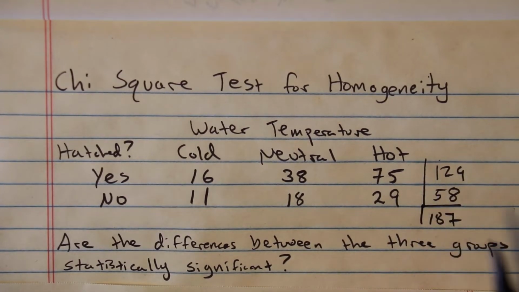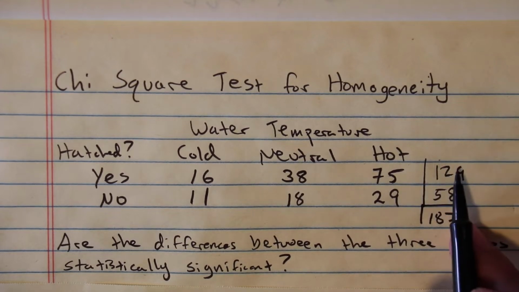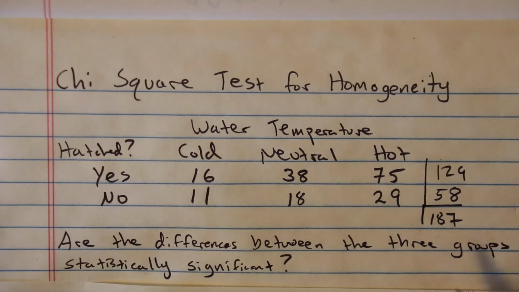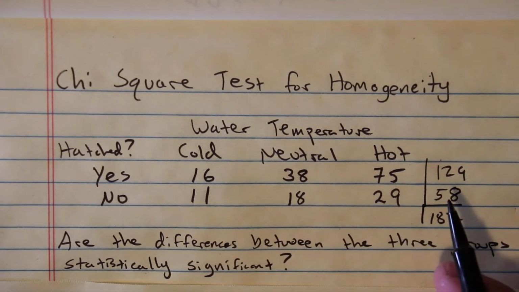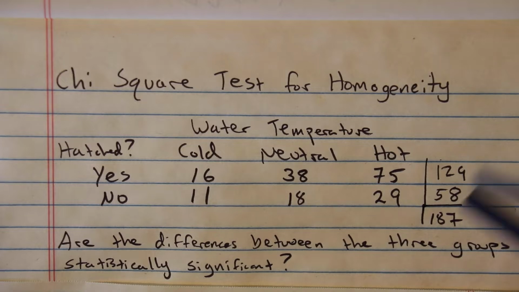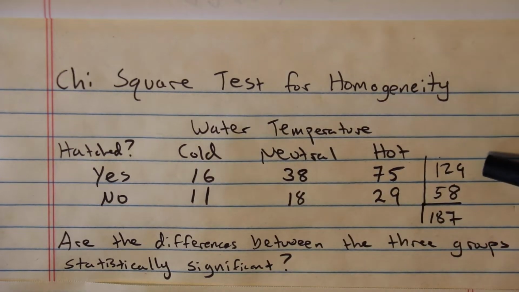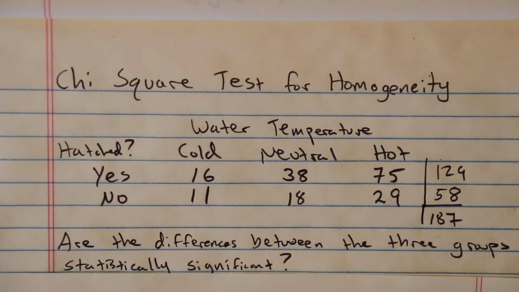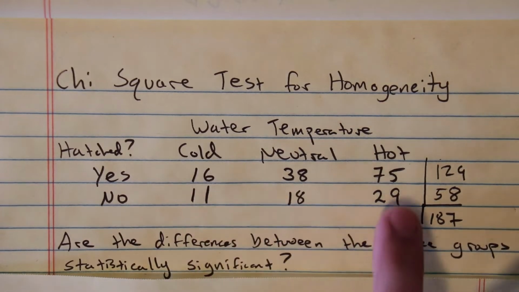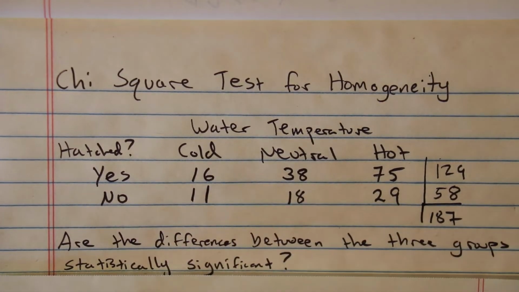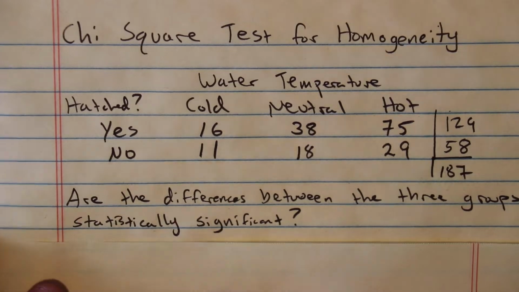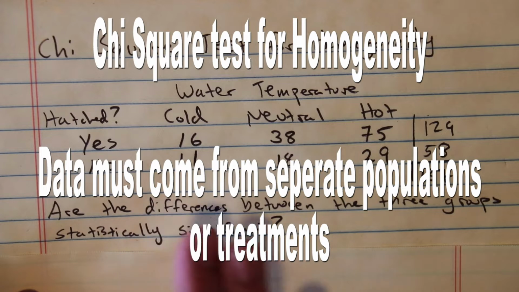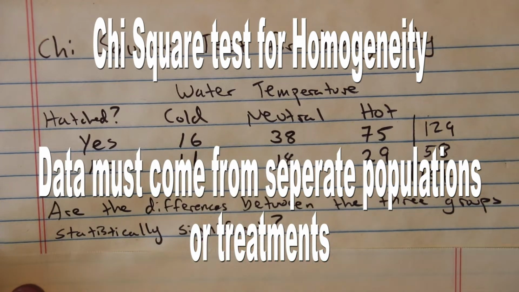If we were to calculate the totals here, 129 of the eggs hatched out of 187, so we're kind of curious as to how likely is it that the temperature is actually doing something versus that regardless of the water temperature 129 eggs are going to hatch no matter what category they were randomly assigned to. Once again, these are random assignment. These are separate populations of temperatures here. If you have separate populations and you're asking whether or not the treatment is effective amongst these separate populations, that is a test for homogeneity.